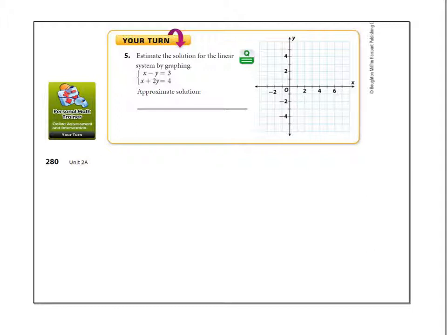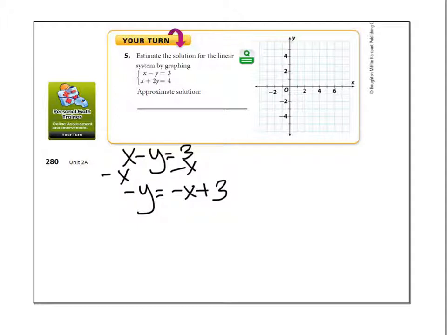So the first equation is x minus y equals 3. So we would subtract x. So negative y is equal to negative x plus 3. We can't leave a y with a negative because it's not alone yet. So that means we divide everything by -1. So y equals x turned positive, and then minus 3.